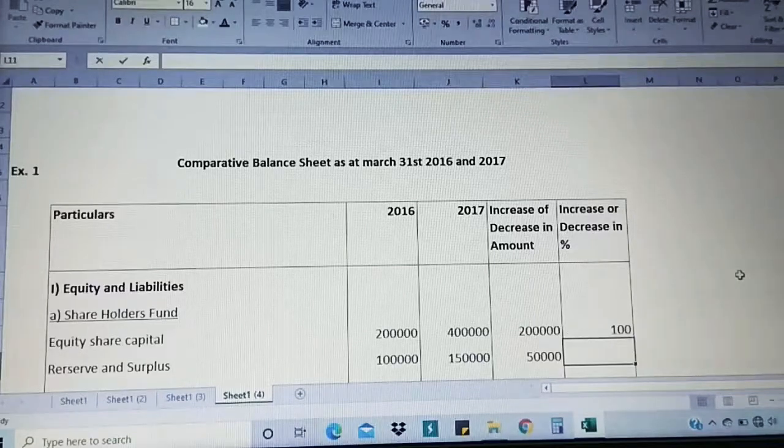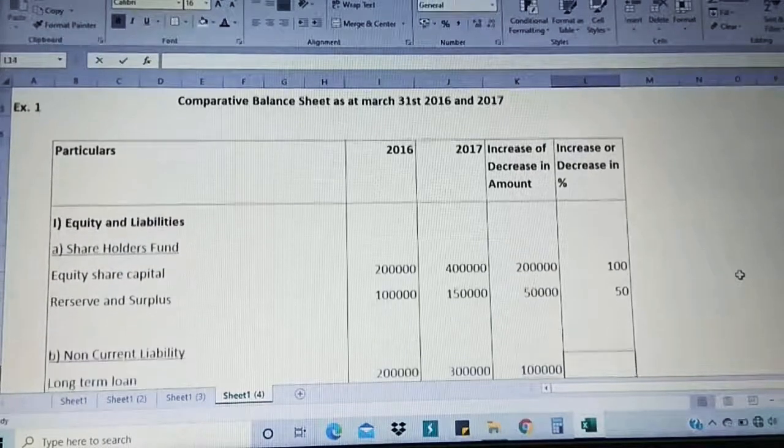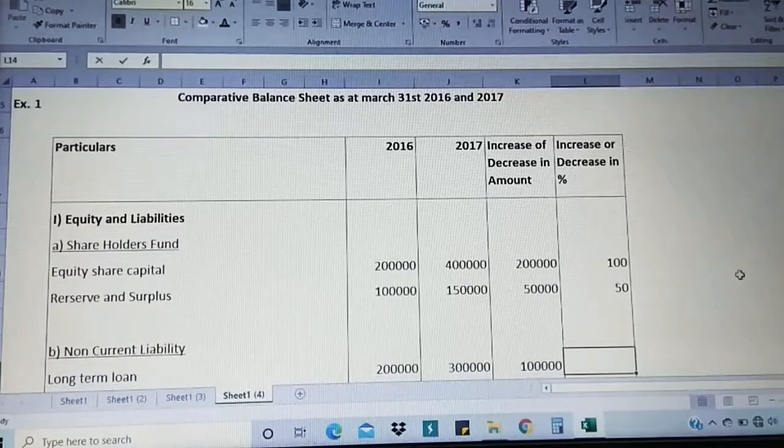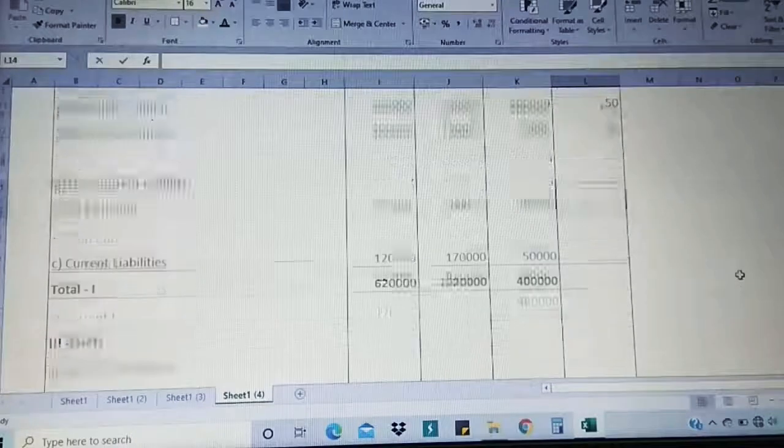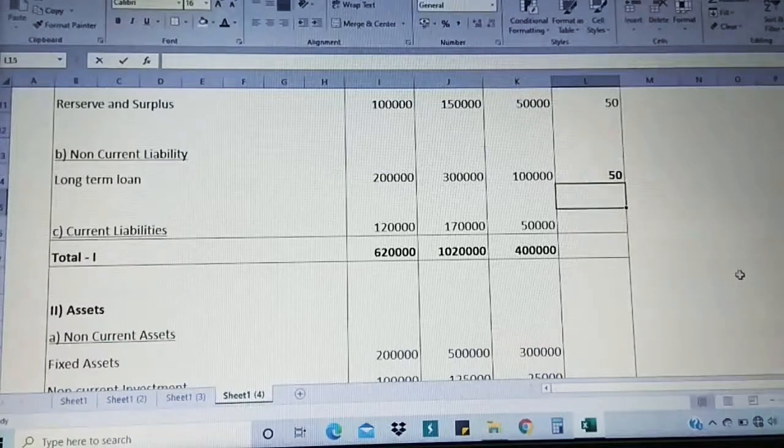Next, 50,000 divided by 1 lakh, percentage: 50% is increased. Then 1 lakh divided by 2 lakh, percentage: again 50% is increased.